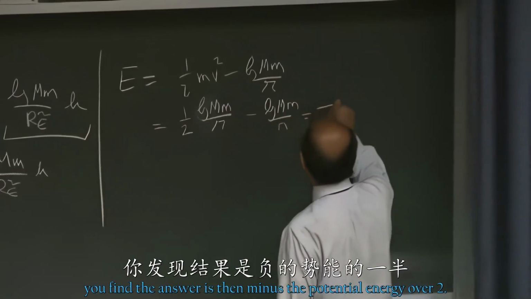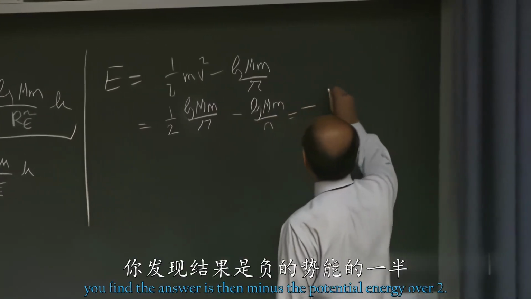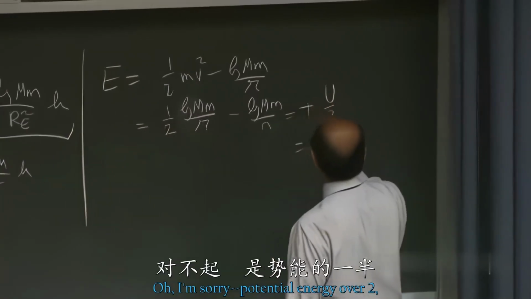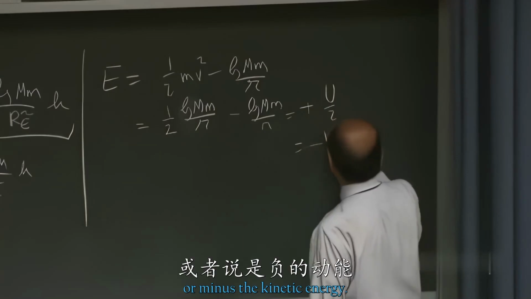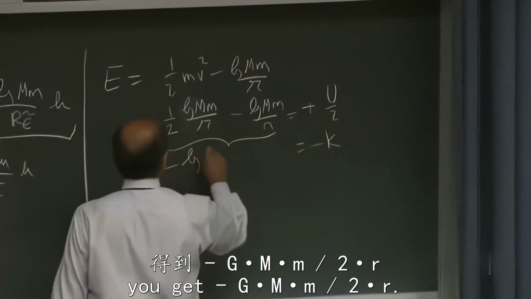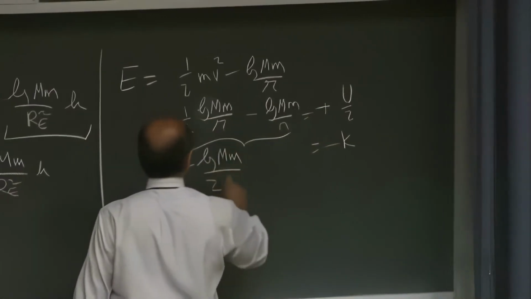You find the answer is then minus the potential energy over 2, or potential energy over 2 minus the kinetic energy. In other words, if you combine these two terms, you get minus GMm over 2r.